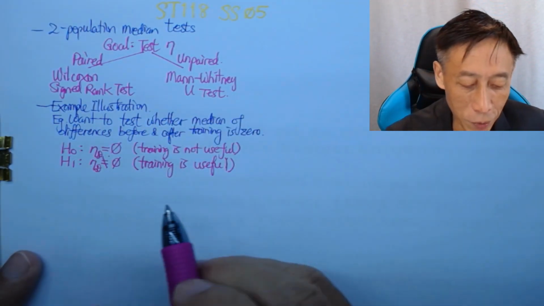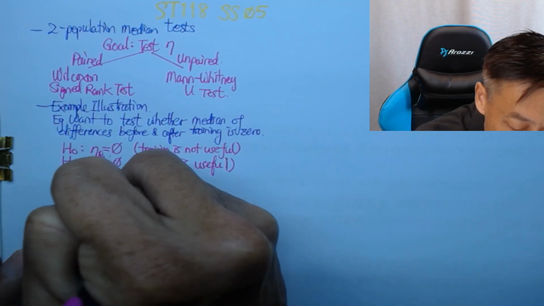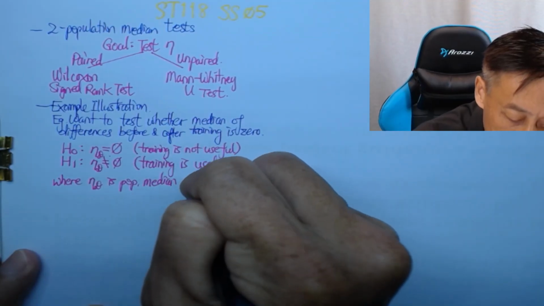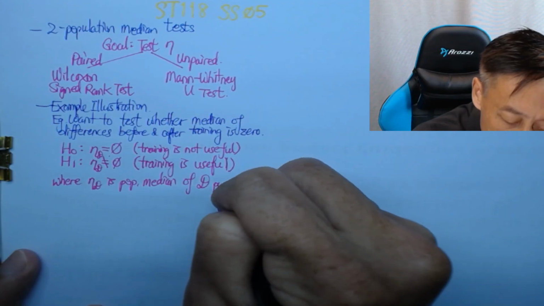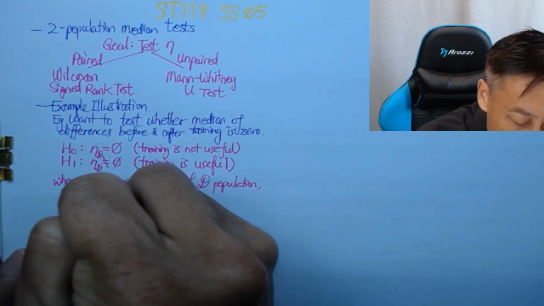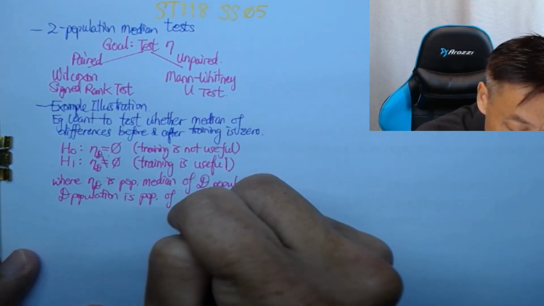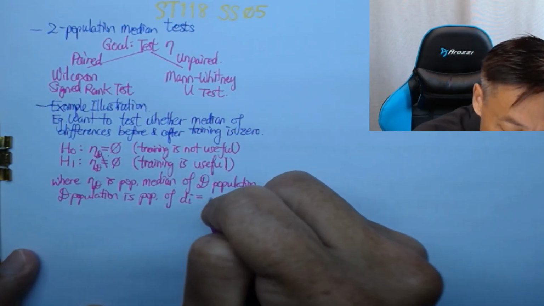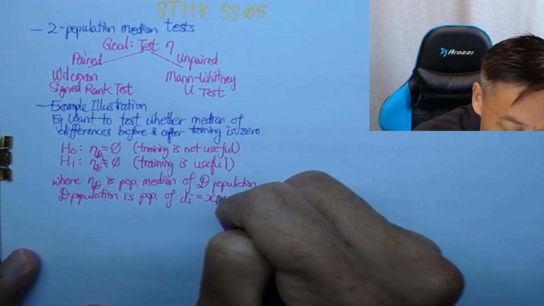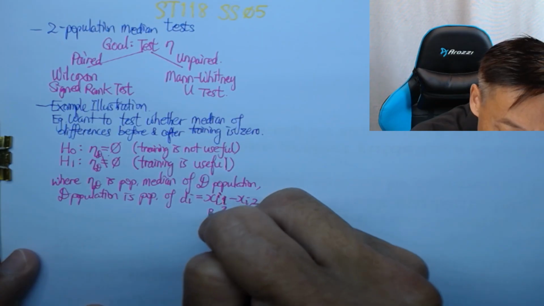So the median of the difference population, where eta of D, right, is the population median of the delta population, and the delta population, right, is the population of di equals x1i or xi1 minus xi2. This is before, this is after.